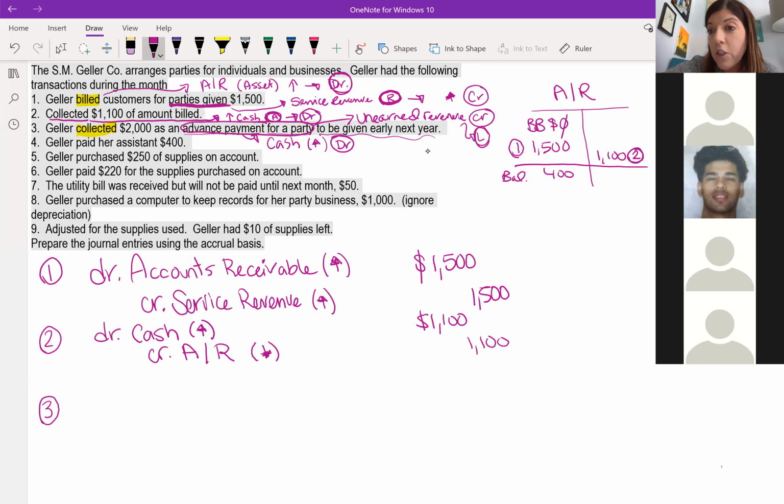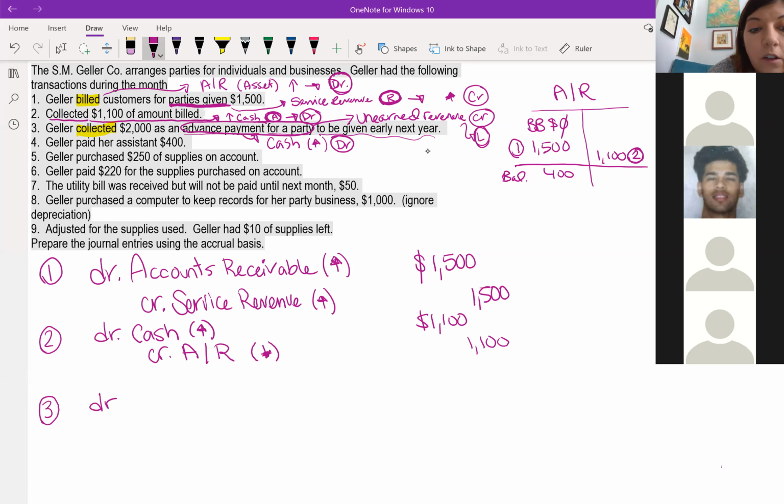When you purchase a gift card, it's not revenue for that company. They get cash flow from you from purchasing the gift card, but in order for them to recognize revenue, you have to come back in and purchase goods or use their service in order for them to recognize revenue. So they have an obligation to allow you to purchase those goods with that gift card.